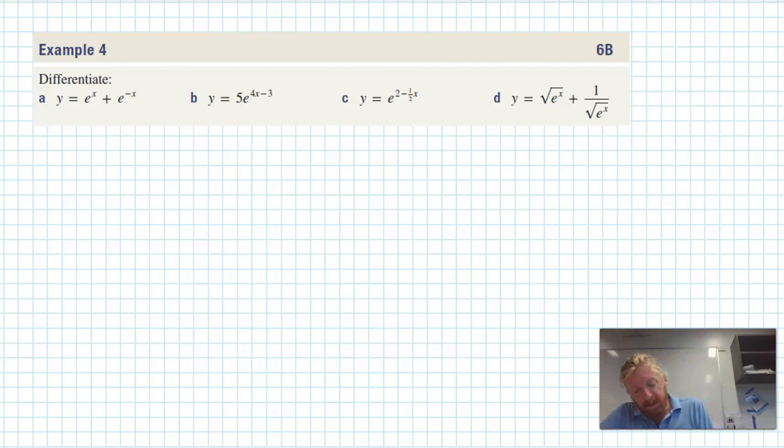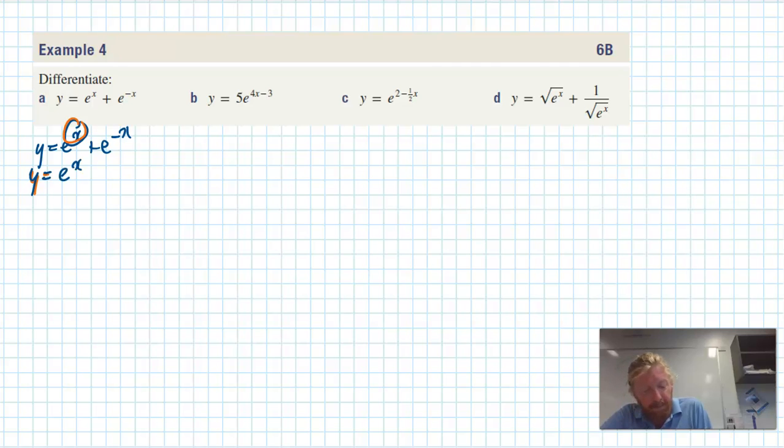Right, y equals e to the x plus e to the minus x. The derivative of that is 1, well, I know this one anyway, so that's just e to the x.